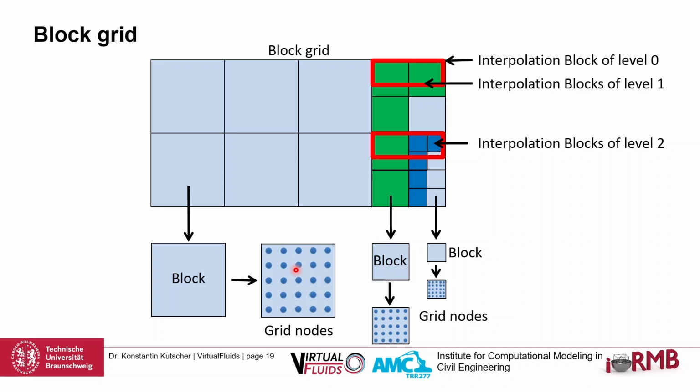Then we can decide if this grid is good enough for our geometry or our simulation, or we can choose something else. Then if the block grid is okay, we can add nodes, and again decide whether it's okay or not.